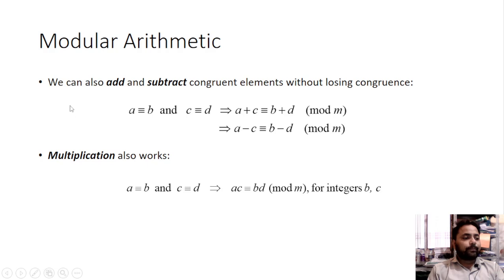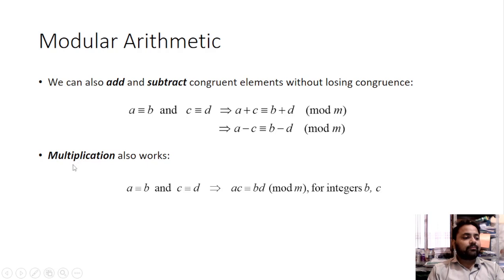Here you can see we can also add and subtract congruent elements without losing the congruency. Like A is congruent to B and C is congruent to D, which implies A plus C is congruent to B plus D mod M. Same here, A minus C is congruent to B minus D mod M. It means we can simply subtract or add on both sides of the congruency.